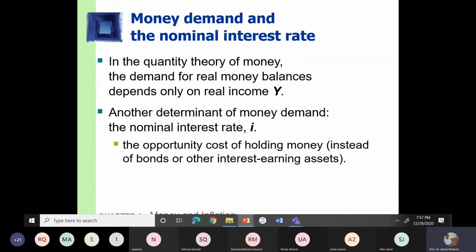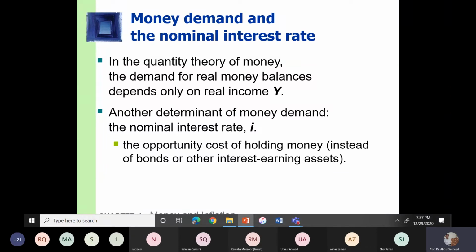So if you are holding money, there is a cost of holding money, which is the opportunity cost. This means you have foregone the interest that can be paid on the bond or other interest-bearing assets.